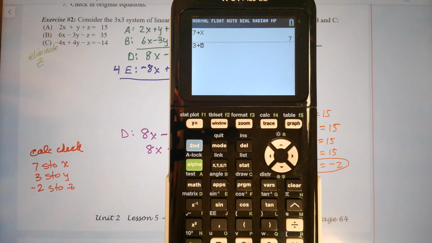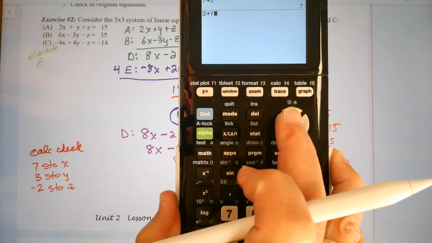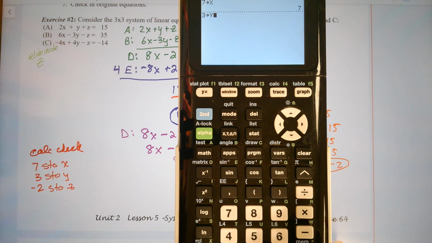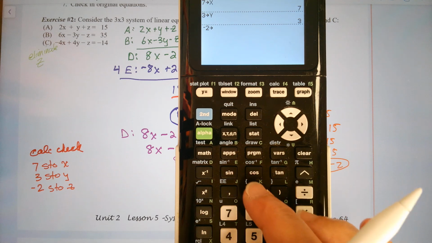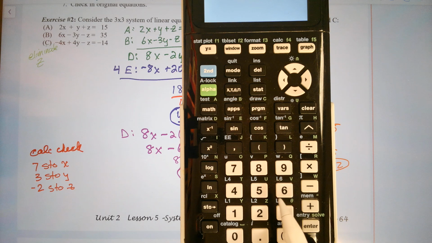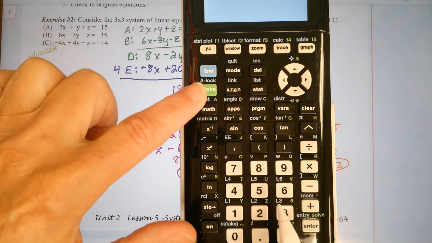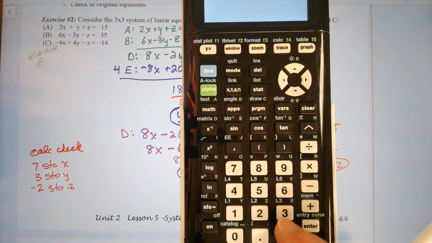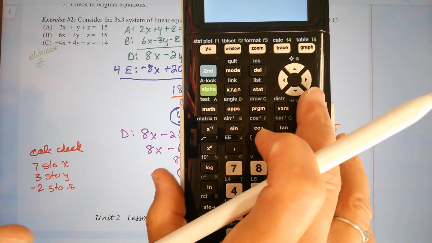Alpha, number 1 is y. -2 store for alpha 2, right? Here's z right here. There was y. It's in green, so you have to press the alpha, green alpha. Alpha z, enter. And then I just type in the 3 original equations.